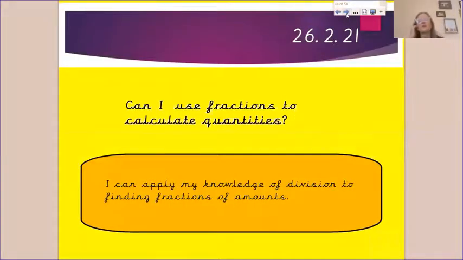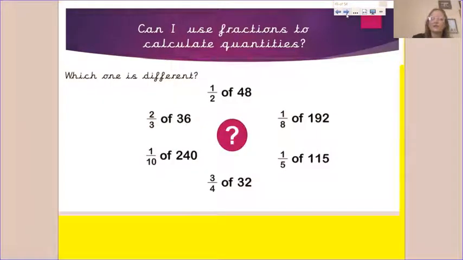So we're going to be using our fractions to calculate quantities today. I want you to have a look at this one. Which one is different? Remember what I said when we're working these out, that you divide the number by the bottom, and then you multiply it by the top number.